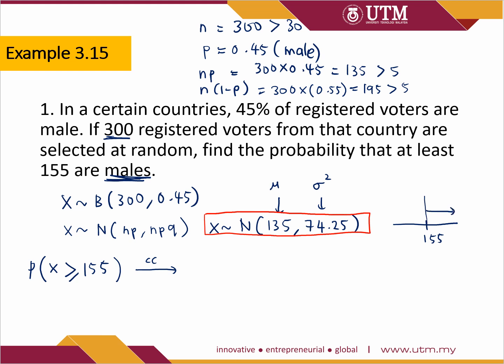So meaning that we will start this interval from 154.5, and this one is not included. Then you have to transform this. So this is already in the normal distribution. So now you have to transform this normal distribution to standard normal.